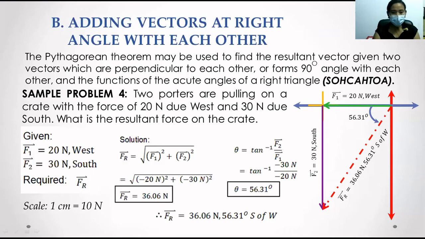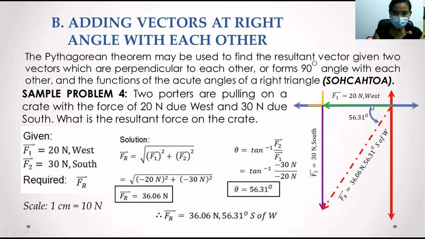So just for comparison, earlier I gave this example in number 4. The direction of our resultant force is 56.31 degrees south of west. This time, our resultant force is projected along the negative x-axis and the negative y-axis, and we look for the immediate x-axis near the resultant arrow.